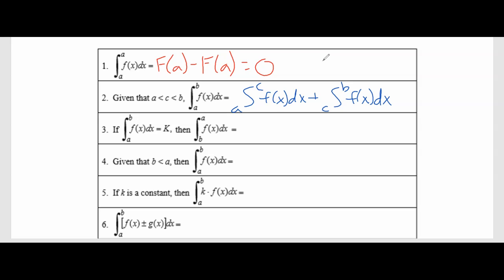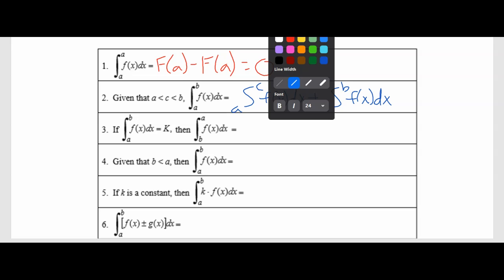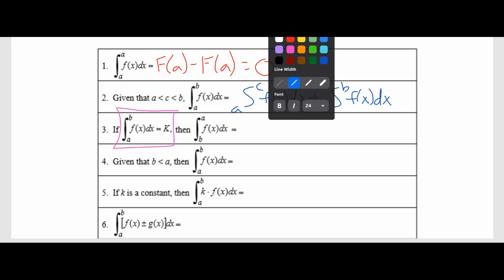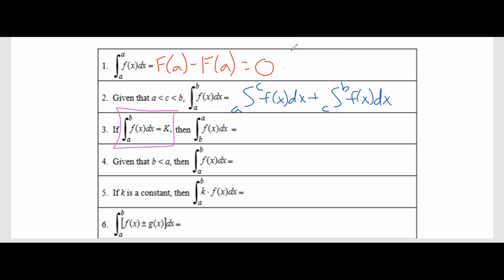Moving on to the next one. If I have an integral that is equal to a certain value, they're saying this integral is equal to k. Well, if I switch the limits of integration, let me write this out for us actually.